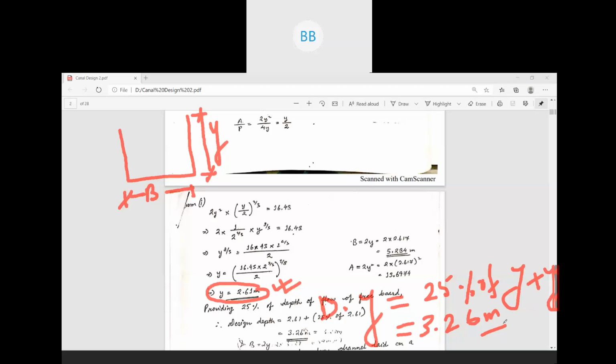Then we will provide some extra, just in case the discharge is more than 20 meter cube per second, so that there shouldn't be any overflow. How much did you get for that new depth, or you can say design depth?